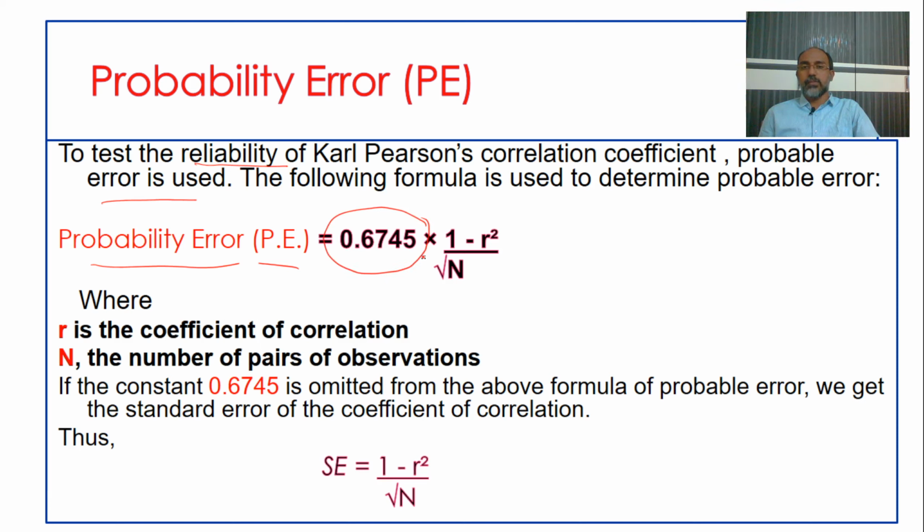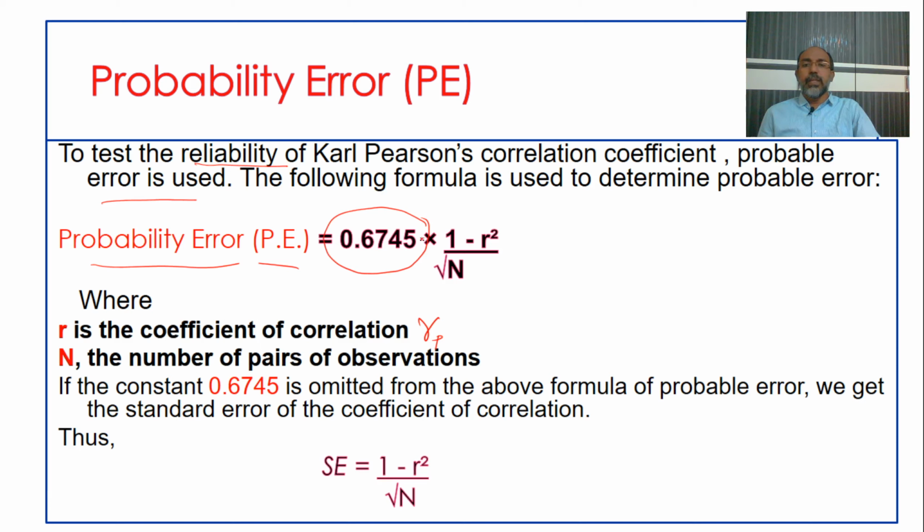Here r is the correlation coefficient propounded by Pearson, and n is the number of pairs, since we need x and y.